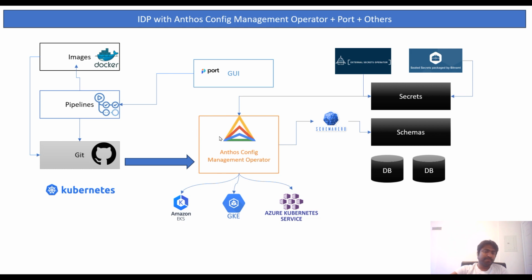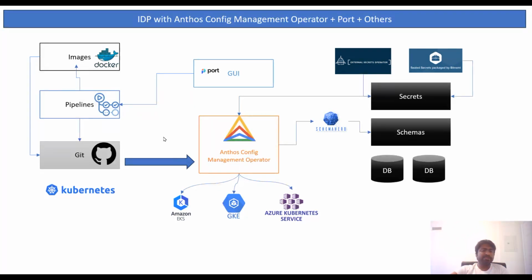We already have a running Anthos cluster where I have registered my GKE cluster, and the Anthos config management operator is also installed and in sync with my Git repo.